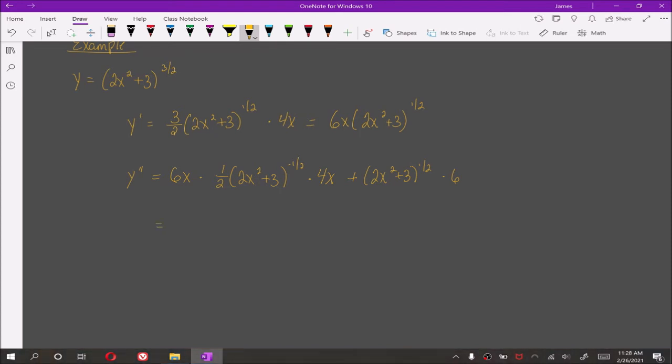Simplifying, let's see, we'll get 12x squared over the square root of 2x squared plus 3, plus 6 times the square root of 2x squared plus 3.